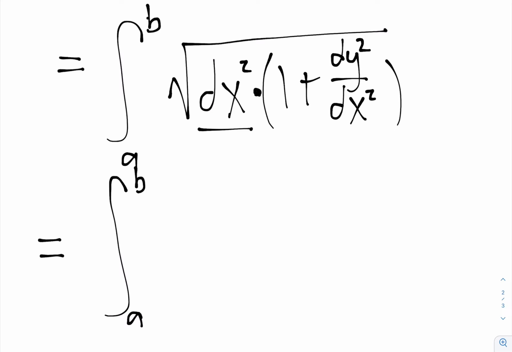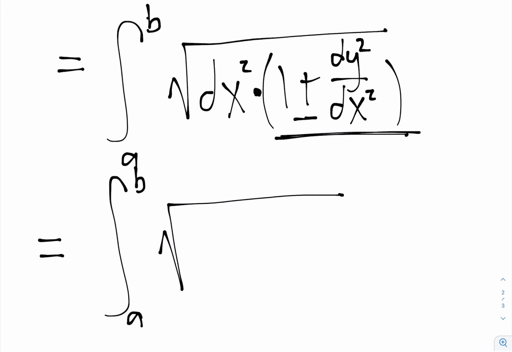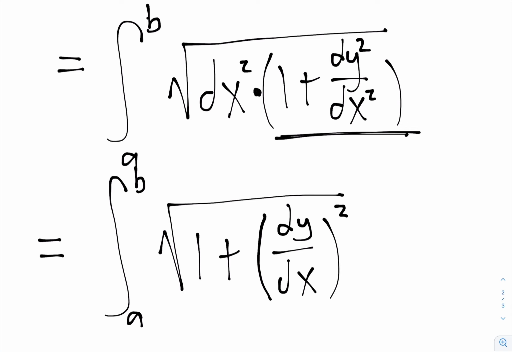So the square root of dx squared is just dx, and I'll save that for right now, but let's think about what the square root of 1 plus dy squared over dx squared is. Well, since it's a sum right now, we can't really split it up, so it's going to be 1 plus dy squared over dx squared. Since both of those things are being squared, we can just call that dy over dx all squared, because this square applies to both of these numbers.